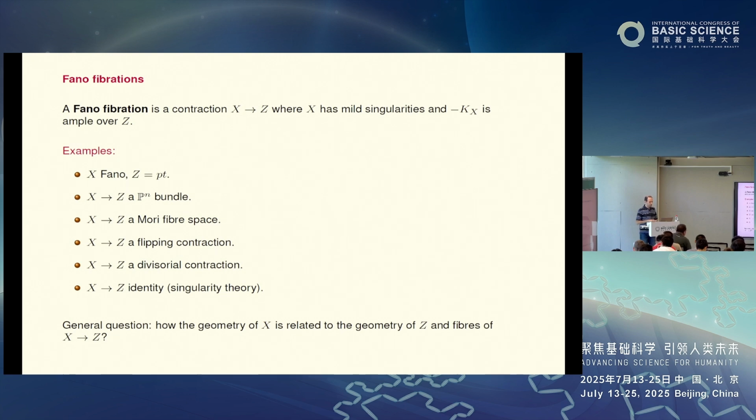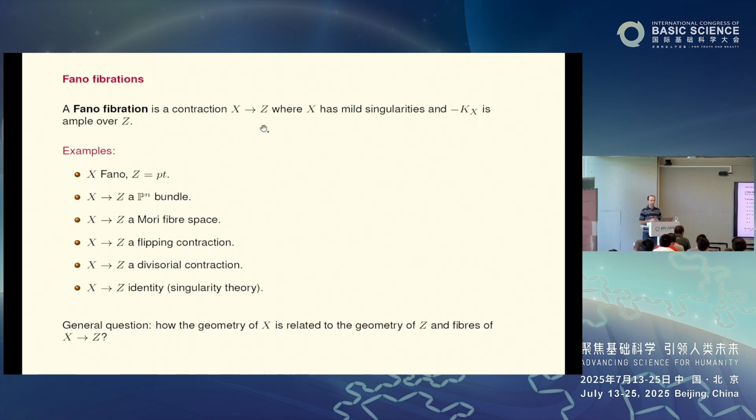Now, I don't want to just stay with Fano varieties. The story becomes much more interesting when you expand this notion into a relative version. For this reason, I define Fano fibrations. A Fano fibration is basically a morphism. Here I write a contraction, but I think you can ignore this. It's just a technical term.